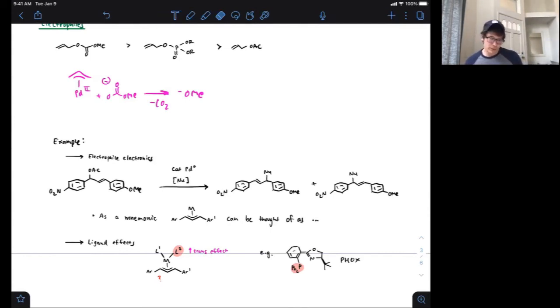So shown here is this allylic substitution reaction, generic nucleophile. If you had to guess, Kelly, the left or the right, which would you predict is preferred?